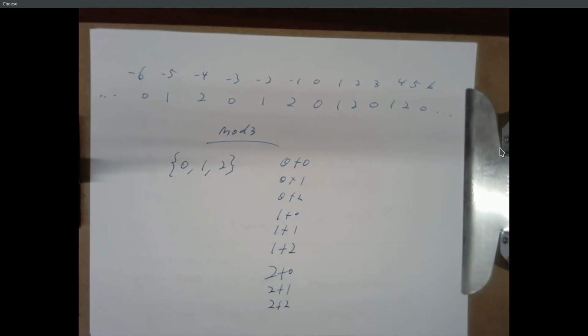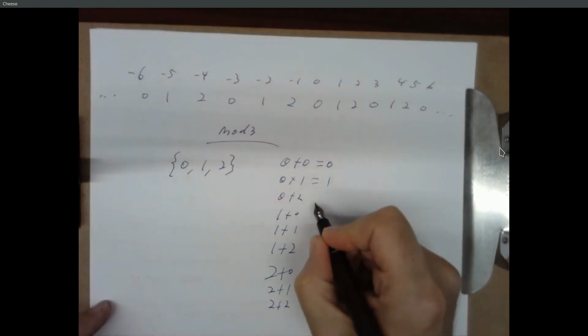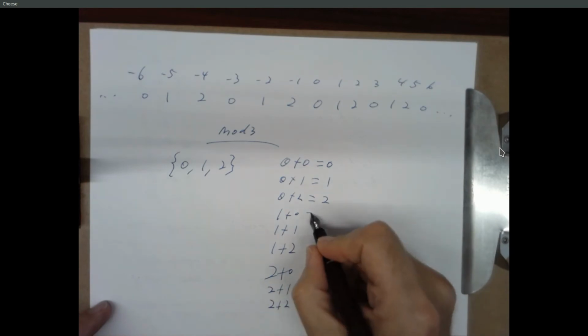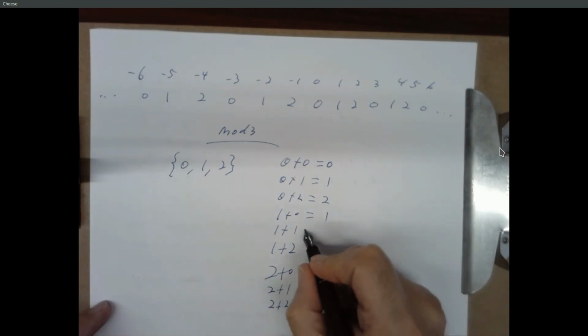So 0 plus 0, well, that probably better be 0. If it's not 0, something weird's going to happen. 0 plus 1, that should be 1. 0 plus 2 should be 2. 1 plus 0 should be 1. 1 plus 1 should be 2.